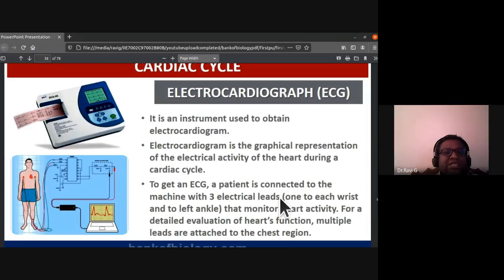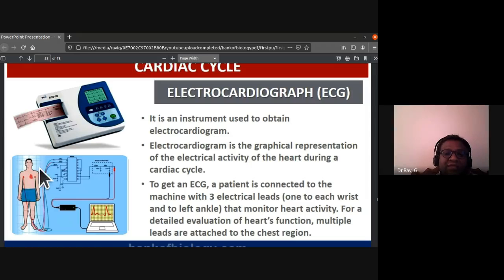To get an ECG, a patient is connected to the machine with three electrical leads, one to each wrist and one to the left ankle. That monitors heart activity.